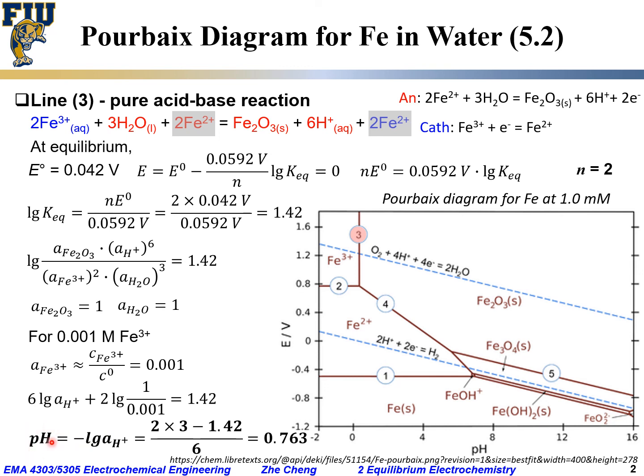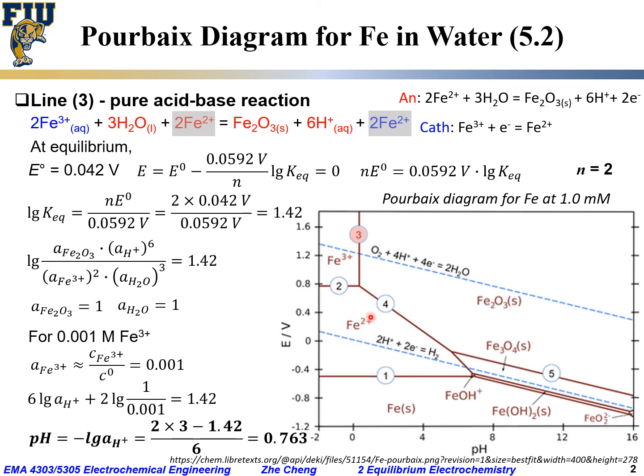And then we would have pH, which means negative log of proton activity, would be: this term 2 times 1 over 0.001, that's 1000, taken log would be 3. 2 times 3 minus 1.42, move to the left side, and then this term moves to the right side divided by 6. We would have the pH would be 0.763, which would be the line that separates iron 3 plus from iron 2 plus.